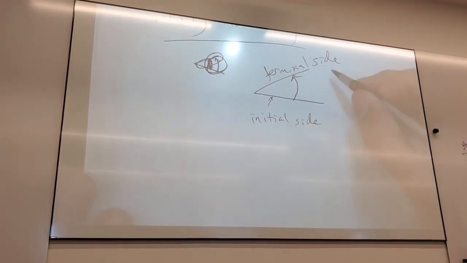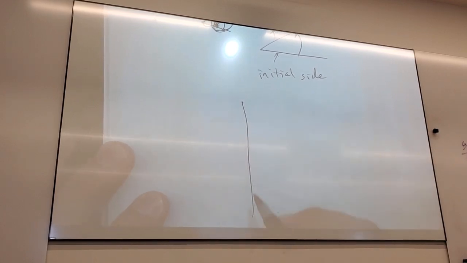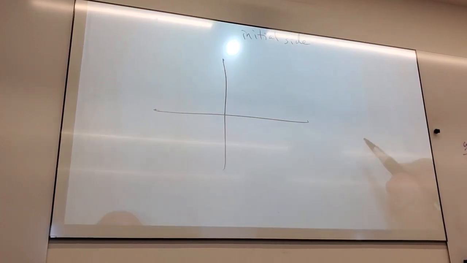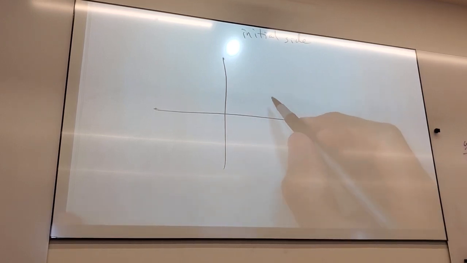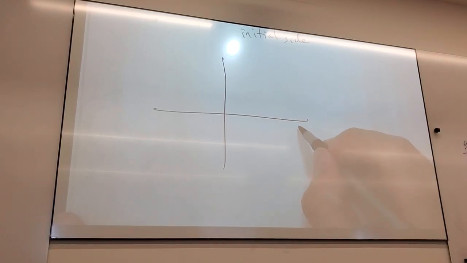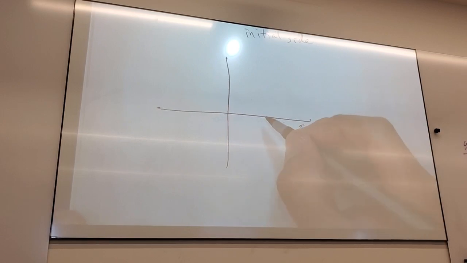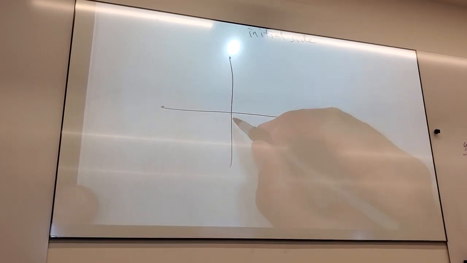What would be special about a 45-degree angle, for example? Well, two of them make 90. Where's a 90-degree angle in here? If this is my initial side, the positive x-axis, to make a 90-degree angle, where would my terminal side be?